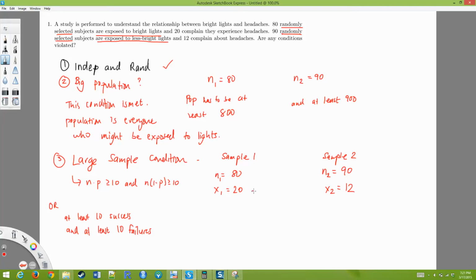So 20 successes and 60 failures. And over here I've got 12 successes, and how many failures would I have? 90 minus 12, 78 failures. So successes are over 10, failures are over 10, successes over here are over 10, and failures are over 10. So the large sample condition is met.